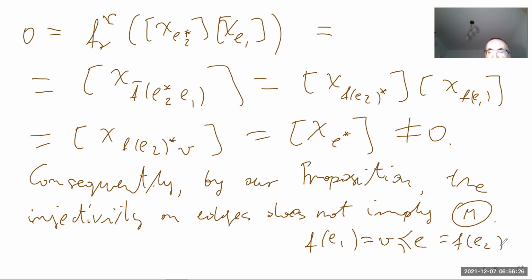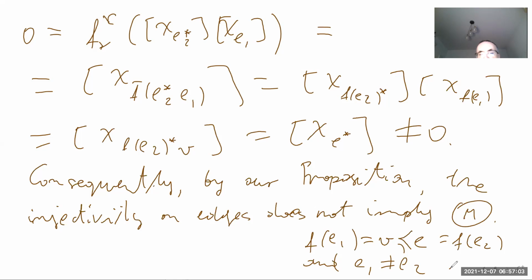So this inequality for the values of F is true, but this does not imply. At the same time, E1 is not equal to E2, okay? So I can also see it without any proposition, but I wanted to show you that indeed, if we just assume injectivity on edges, that's not good enough. Such a map, as we try to write it down, does not exist.